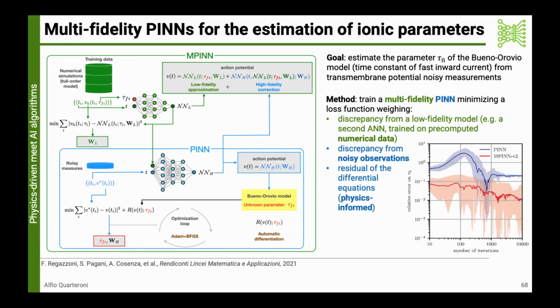So we use a multi-fidelity physics-informed neural network to minimize the loss function that weights the discrepancy for the low-fidelity model, and second, an artificial neural network which is trained on pre-computed numerical data. And of course you have noisy data. You have to account for the noisy data and for the error in the few data that you have available.